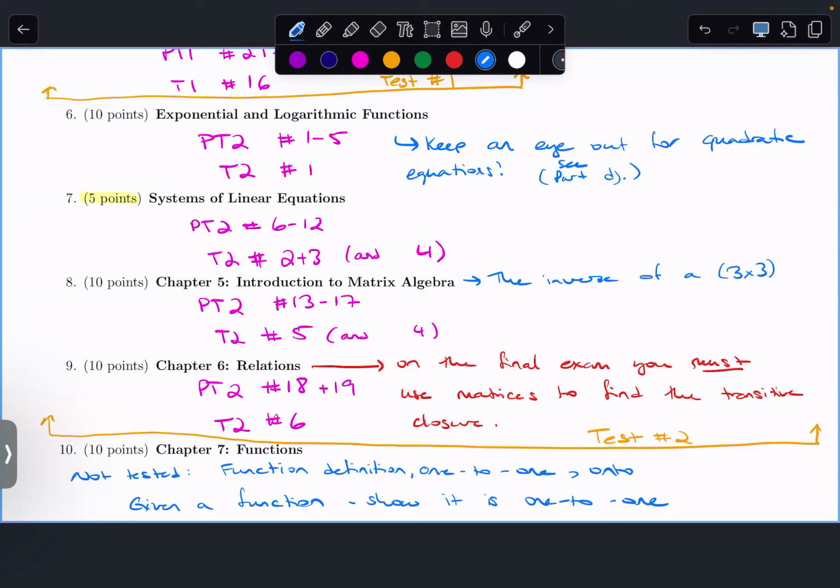Like in the practice, what I had done for the practice, it was a disaster. I just grabbed a textbook, looked at some matrices. Oh yeah, this one has an inverse. This one has an inverse. That's cool. But getting there, man, it was a slog. Fractions and stuff. So you'll have to find the inverse of a 3x3 and definitely matrix multiplication.